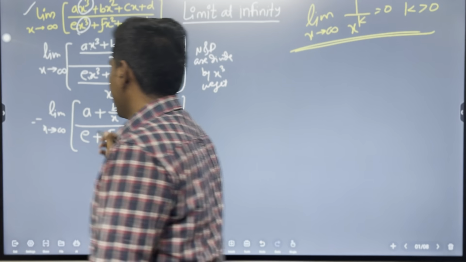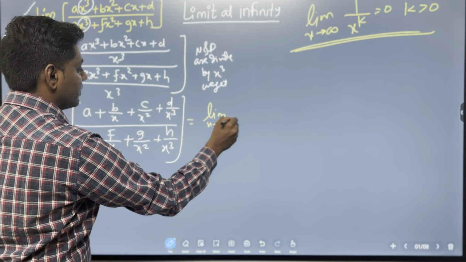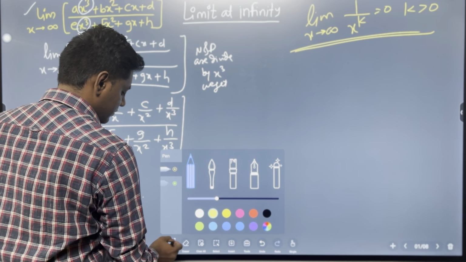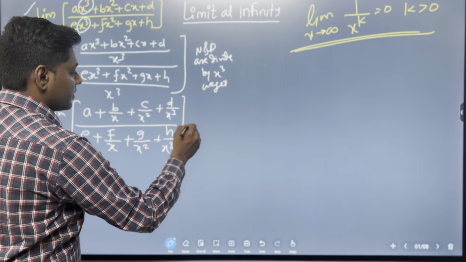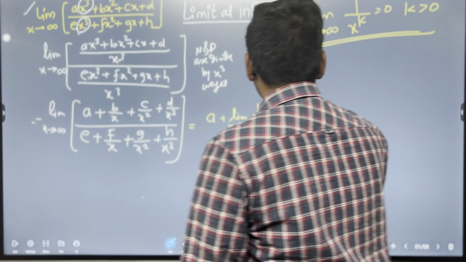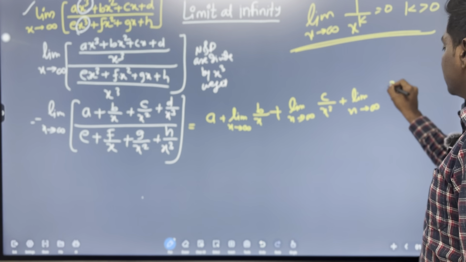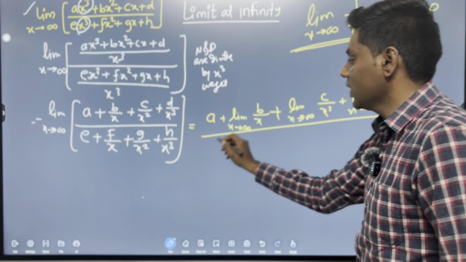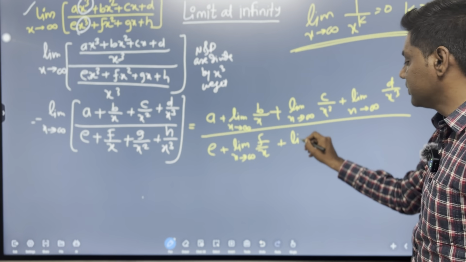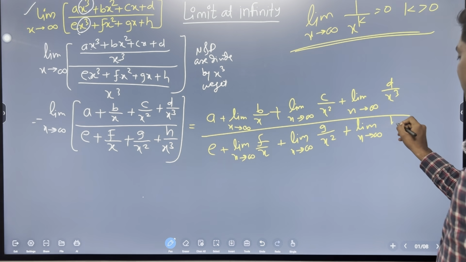According to this formula, applying the limit separately, we get a plus limit x tends to infinity b divided by x, plus limit c divided by x square, plus limit d divided by x cube, divided by e plus limit f divided by x, plus limit g divided by x square, plus limit h divided by x cube.